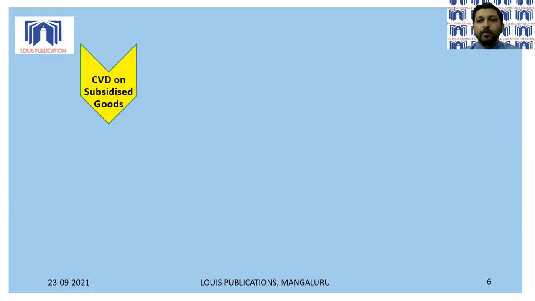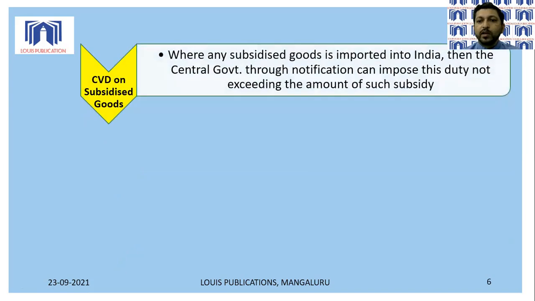Then we have countervailing duty on subsidized goods. So sometimes the goods are imported into India at a very lesser price, at a subsidized price, at a reduced price. So once again, the central government through notification can impose this duty on an amount not exceeding the amount of such subsidy. Suppose in Indian currency conversion, a 60,000 rupees worth item has been imported into India, let's say at 48,000 rupees.